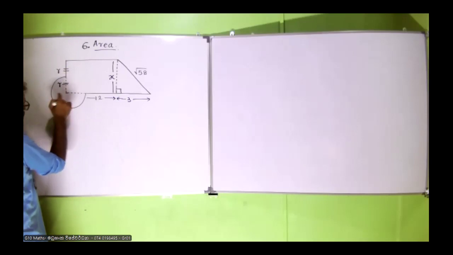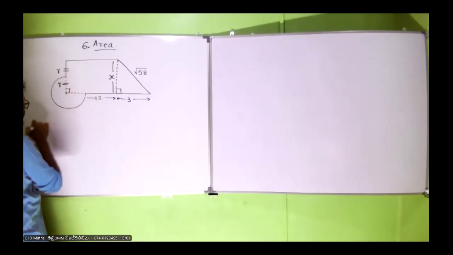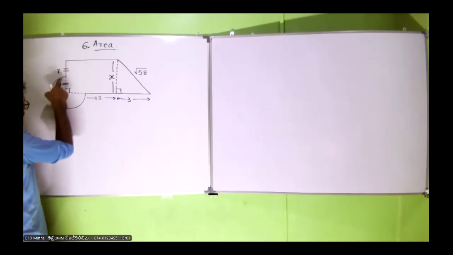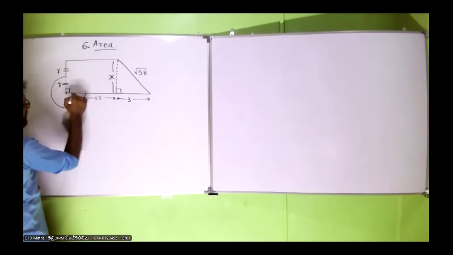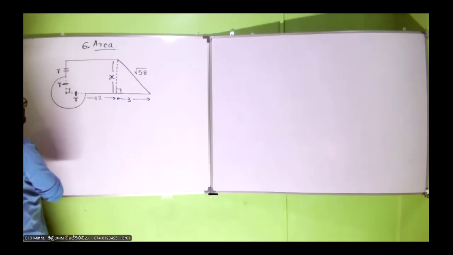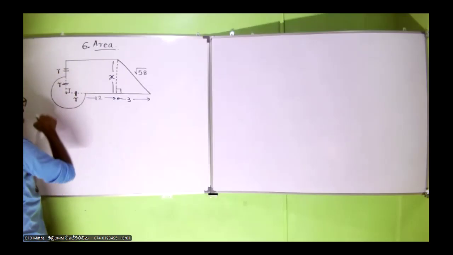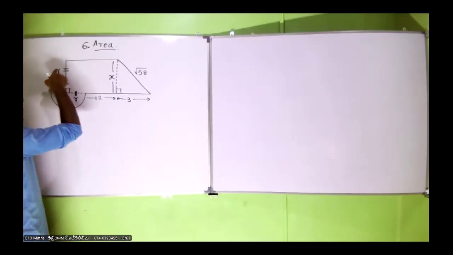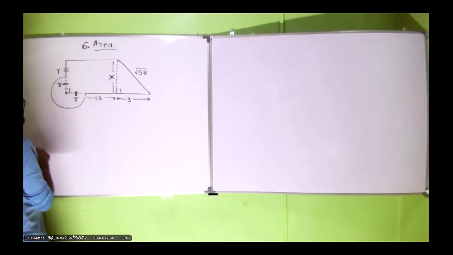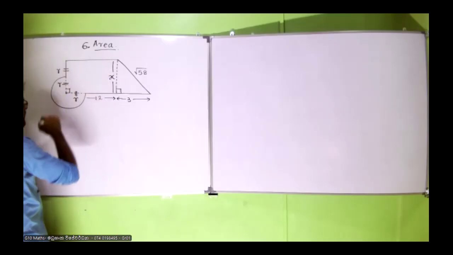If this part is r, make a 90 degrees. If this is your radius of this portion of the circle, this should definitely be the radius. These two parts have been bisected, right? That means if you find x, you can find r.